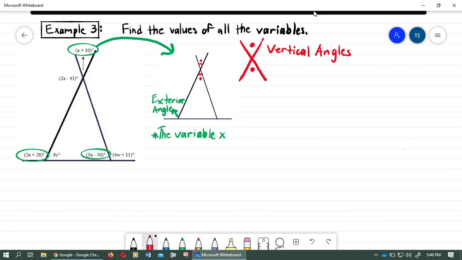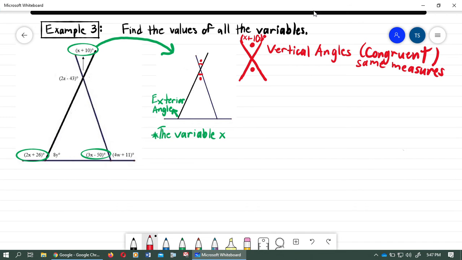So if that one at the top was x plus 10, this one at the bottom has to be the exact same. If they're congruent, like vertical angles are, they've got to have the same measures.